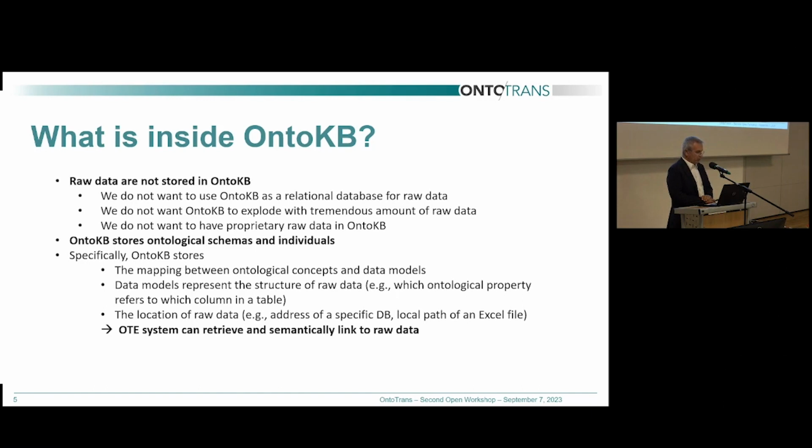And in addition to that, we have already had large discussions, and there are also ongoing discussions, about the fact that the OntoKB should probably also contain some kind of metadata.